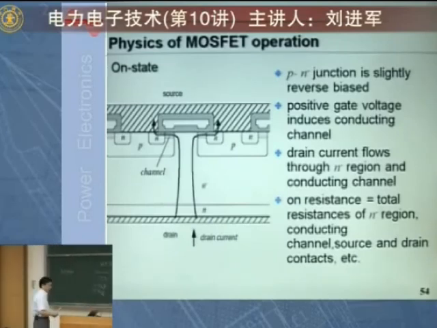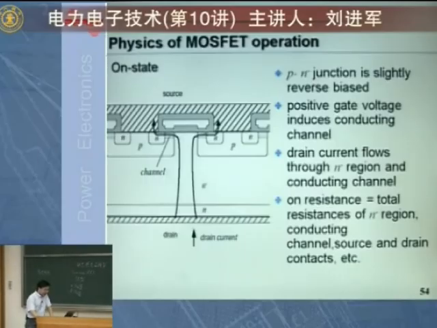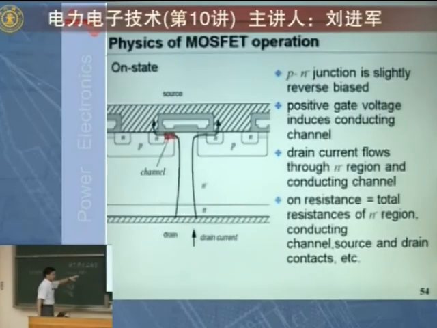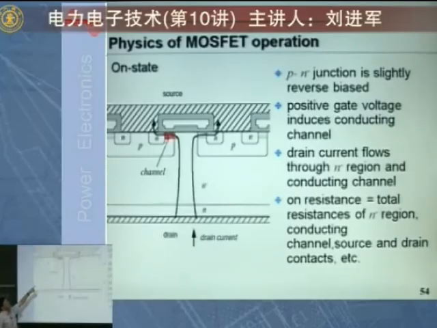The operation principle of MOSFET is like this. When you apply positive voltage between gate and source, this area is gate, this is source, the positive voltage on the gate will attract the free electrons in this P layer to this region, under the gate area.